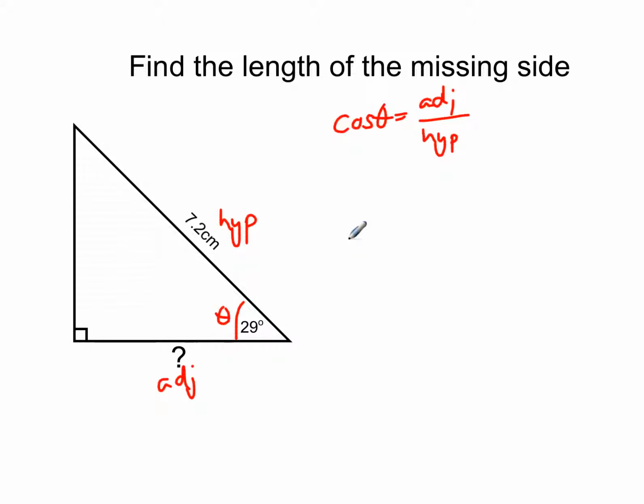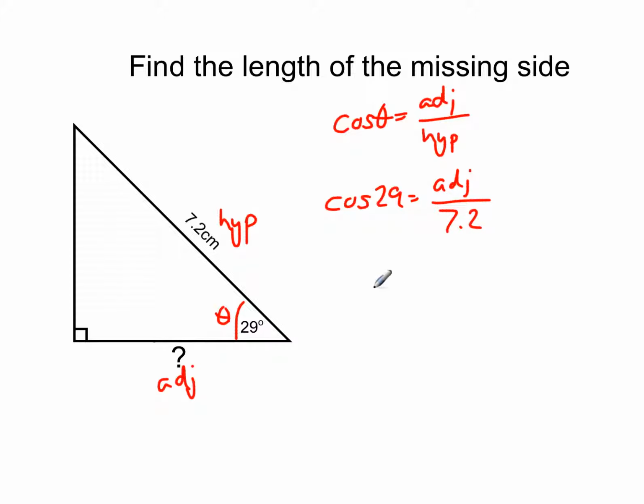This is what I mean by choosing the correct trigonometric ratio. Once we've done that, it's just a matter of subbing in our values and solving for the unknown. So the cosine of 29 is equal to the adjacent side, which is our unknown, divided by the hypotenuse, which is 7.2.